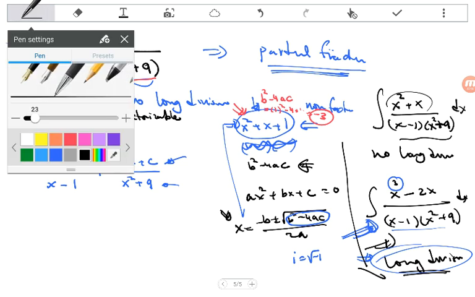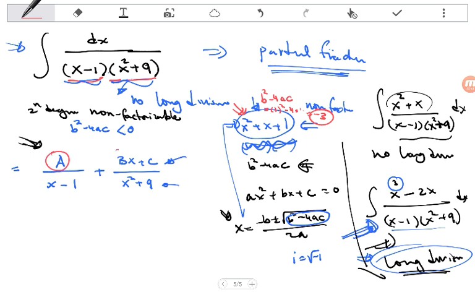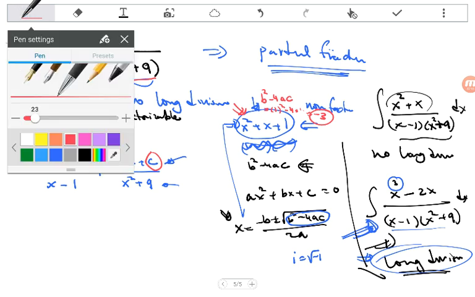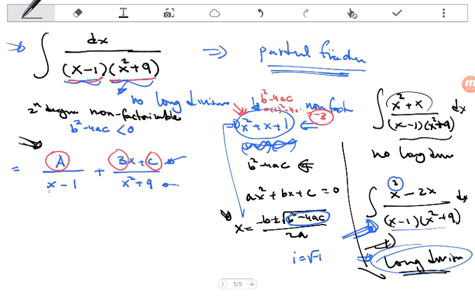Okay, now I have 3 unknowns, so I need 3 equations to find these constants. The constant of the first degree bracket can be found by covering, as we have learned in the previous problem.